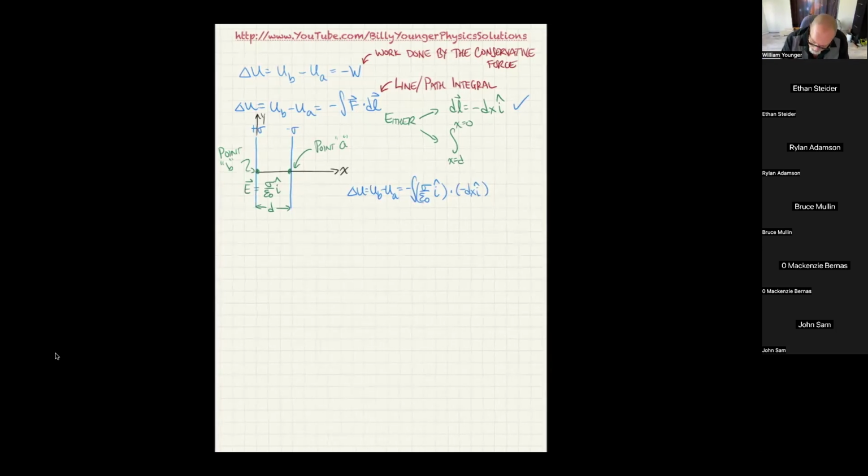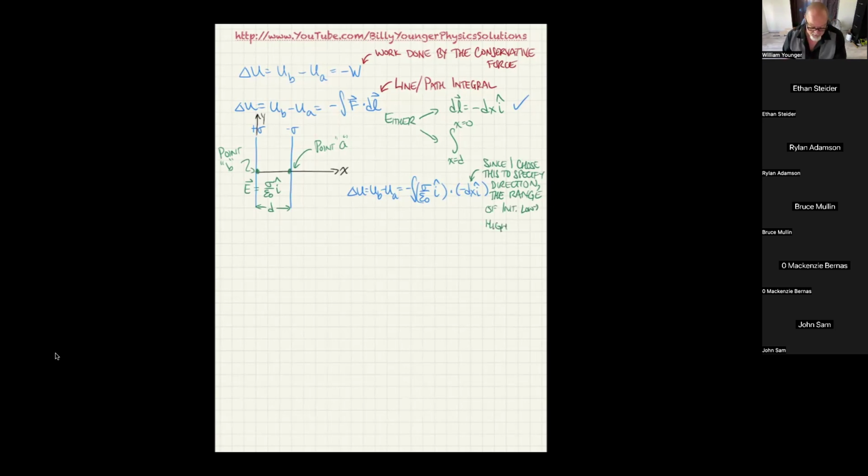So since I chose this to specify direction, the range of integration is supposed to go from low to high.